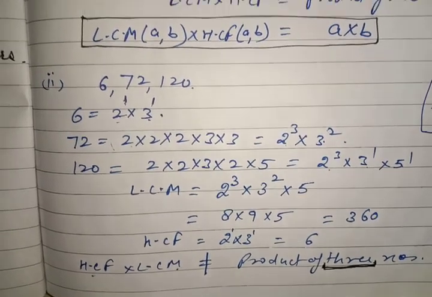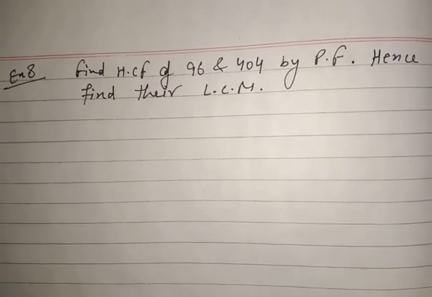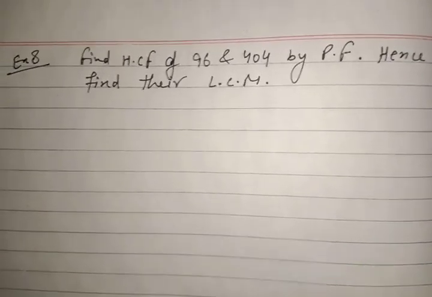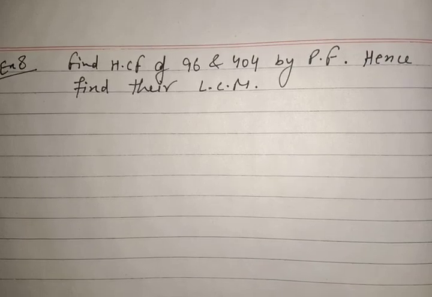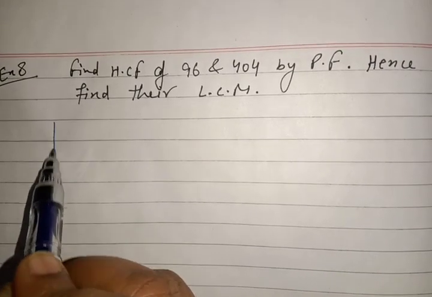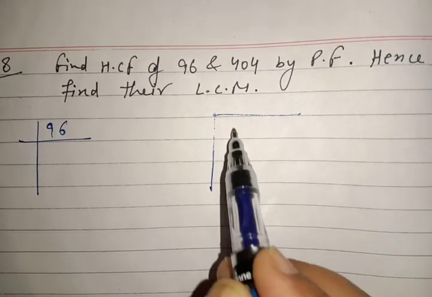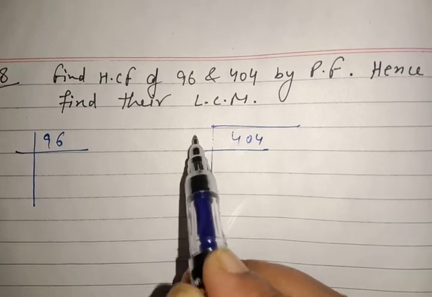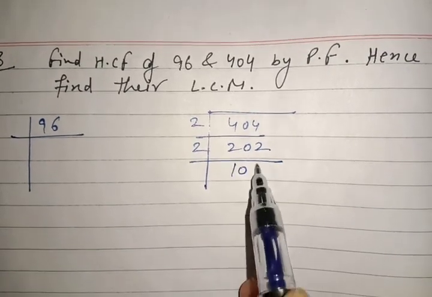Now we'll do the next concept, with one example, because I am going to tell you the application of this question. Find HCF of 96 and 404 by prime factorization. So we will find the prime factors of 96 and of 404. We'll start with 2 because 2 is a prime number.